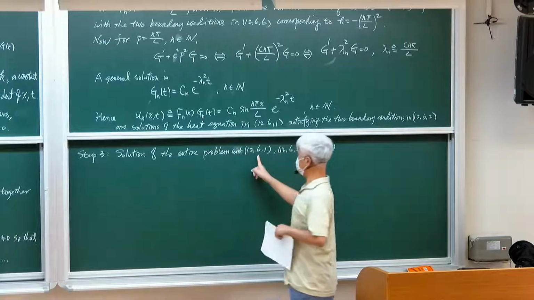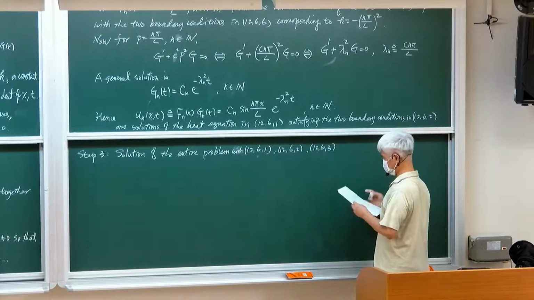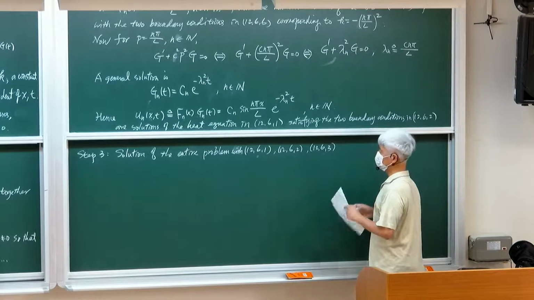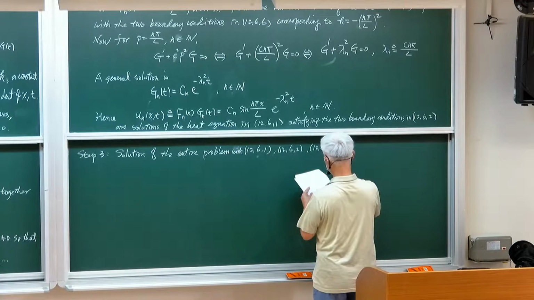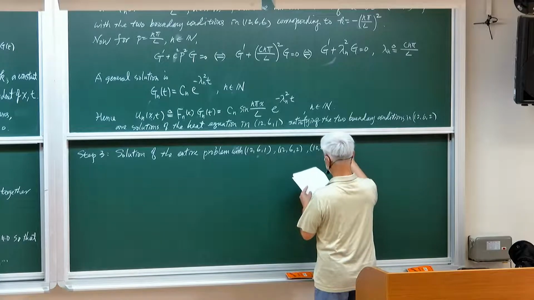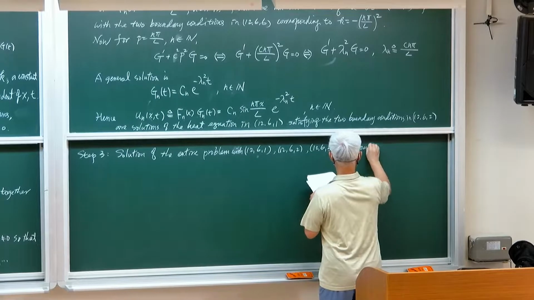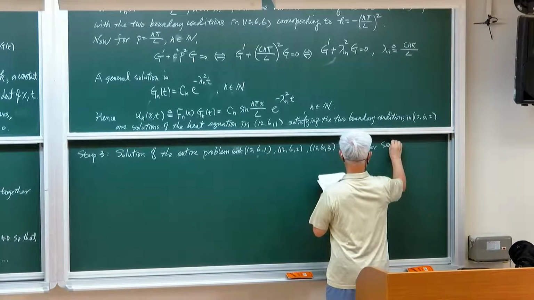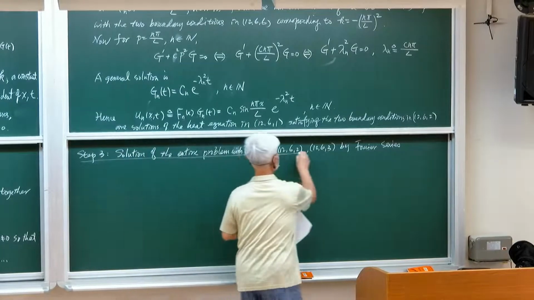We have a heat equation, two boundary conditions, and one initial condition, and we will solve the entire problem by Fourier series. So this is step 3.